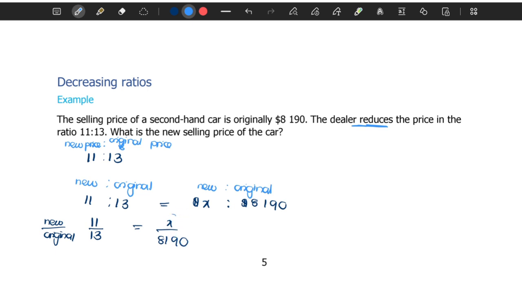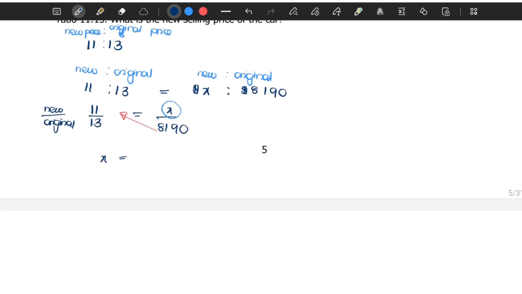We want to make X the subject of the formula. So 8,190 crosses the equal sign and multiplies since it was dividing. So X is equal to 11/13 times 8,190, and when you multiply that out, you get $6,930.